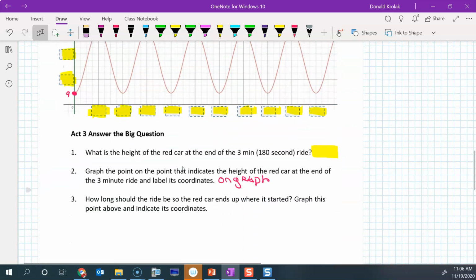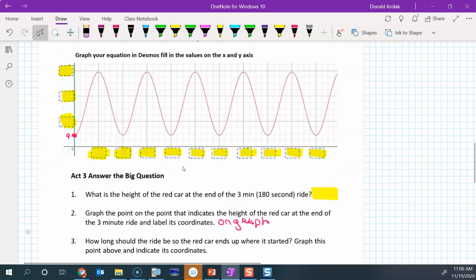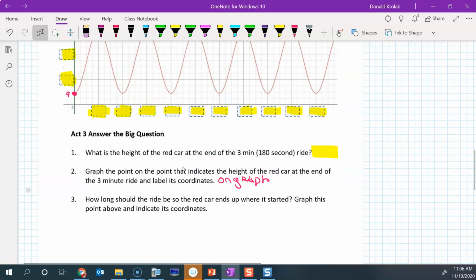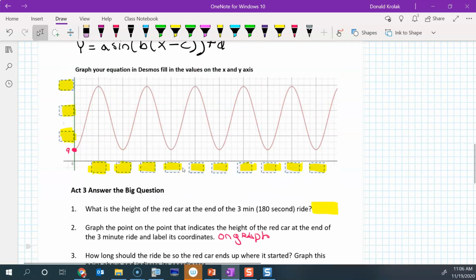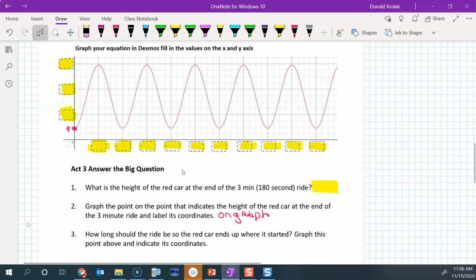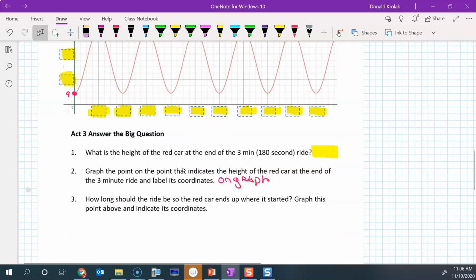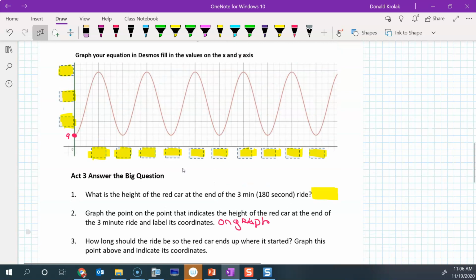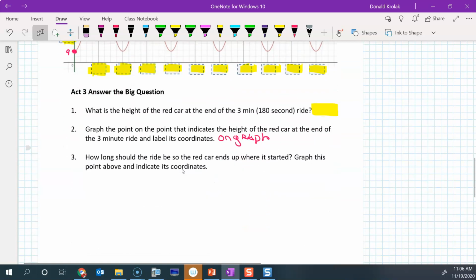At the end of 3 minutes, you're not going to be back at 9 feet. What time would put you back at 9 feet? So you're going to end up at one of these valleys here. And what would the time in seconds be? And you'll answer that, and then you'll graph that one too.